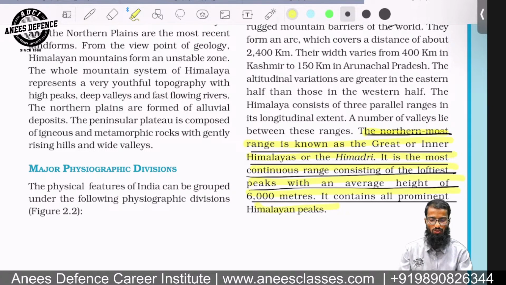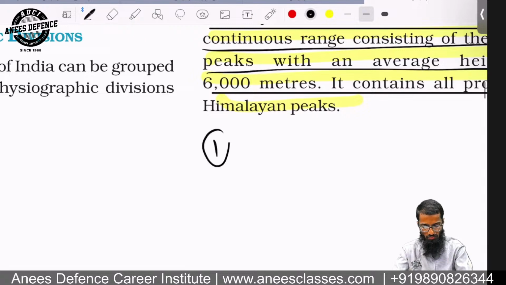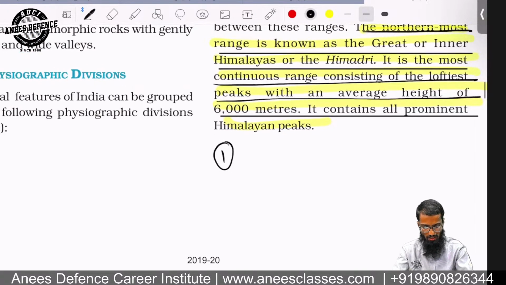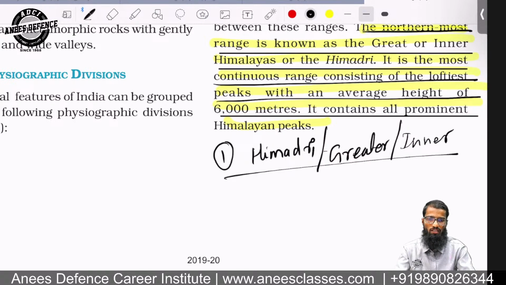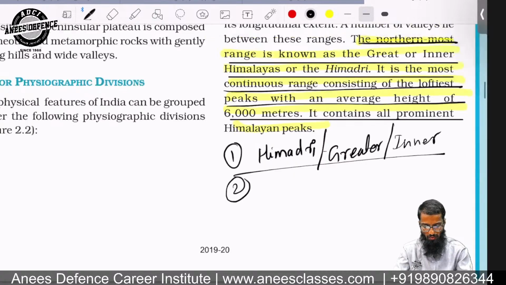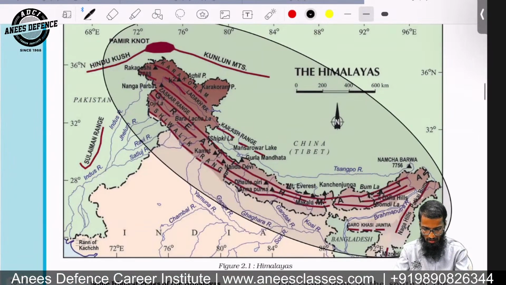The northernmost. You need to understand this. We have three things. So the first thing is what? Himadri. That is Greater Himalayas, also called Inner Himalayas. So this is the Greater Himalayas.